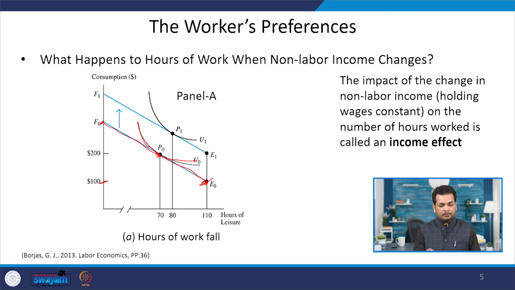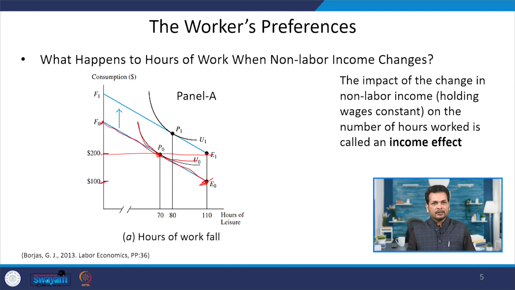The endowment point is now moving from point E0 to point E1. With the wage rate the same, the slope of the budget line will be the same, and the worker now has a new budget line F1 E1. So, definitely the opportunity set of the worker has increased just because of the increase in his non-labor income.